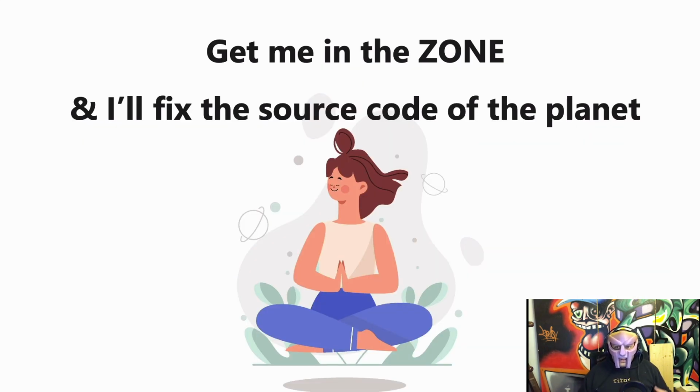So again, this is about the individual person, and this is really about you. I say get me in the zone, and I'll fix the source code of the planet. If I'm overworked because the sprint is jam-packed with 800 story points and my team is only set up for 100, I know that, number one, I need coffee. Number two, I've been there many times. I feel for you.